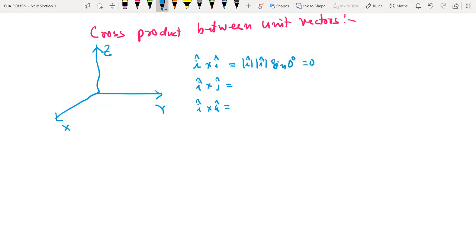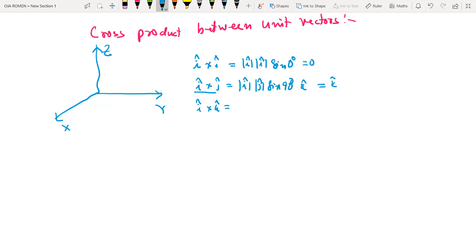Then I cross J is magnitude of I, magnitude of J, sine 90 degree, and the unit vector perpendicular to I and J. So using the right-handed screw rule, the direction of I cross J is along K, means along positive z-axis, so this is K.